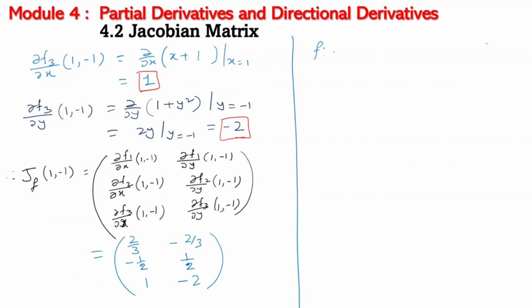So note it here, f was from R2 to R3. So the expected matrix JF(1, -1) should be in the class M3 by 2. So this matrix has 3 rows, 2 columns. So that's all.